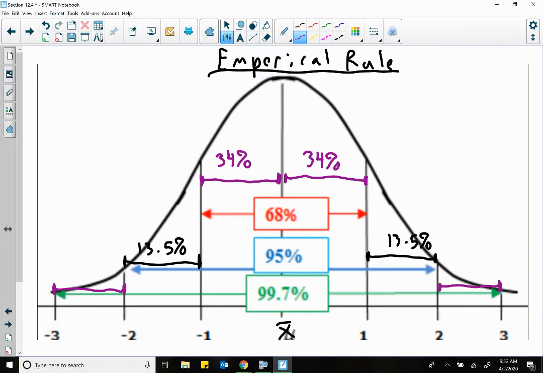So between these two sides, 4.7% of my data lies. But again, it's cut in half. So half of the 4.7 is here. Half of the 4.7 is there. So 4.7 divided by 2 gives us 2.35%.